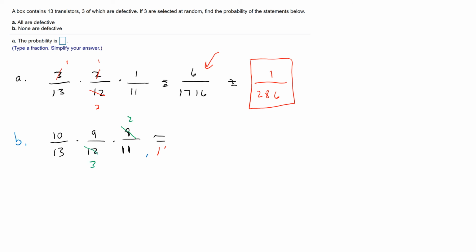And then 3 goes into 3 once, and 3 goes into 9 3 times. And I don't see anything else I can reduce. On the bottom I have 13 and 11, and I can't reduce those with the numbers on the top. So 13 times 11 is 143, and then 10 times 3 is 30 times 2, so the top number would be 60.